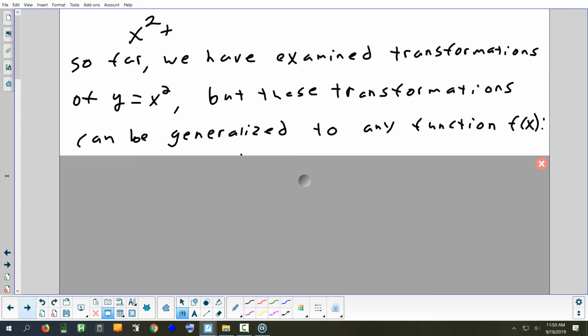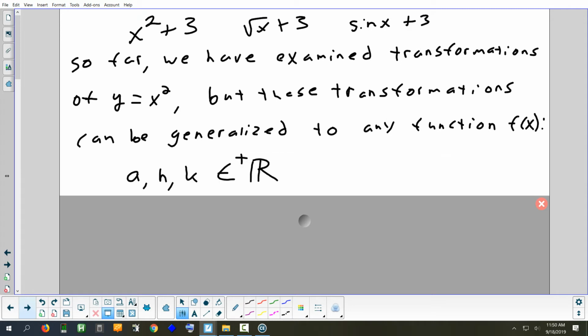So if you know what that's going to do to the quadratic, then you know what it's going to do to this too. And you know what it's going to do to this. That's a vertical shift up 3, no matter which one you do. They're all shifting up 3. Okay, so transformations work the same on every type of function we're going to study.